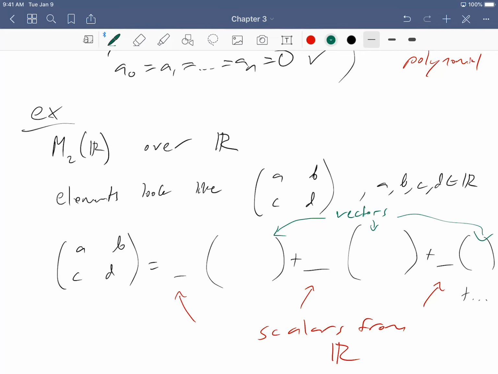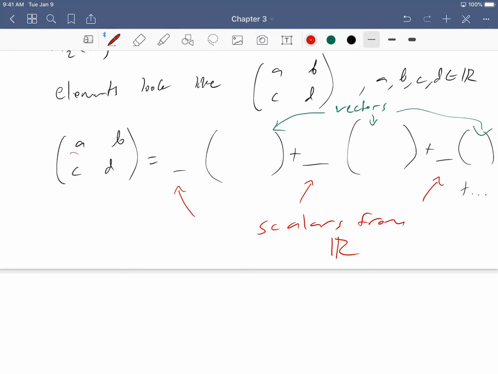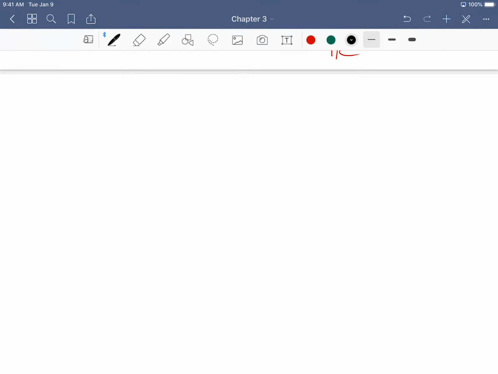That's what we mean by vectors in this situation. And so like we saw before, sometimes this is pretty easy to do. I mean, I have some real numbers to play with, right? My scalars could just be A, B, C, and D, because remember, they're in R, right? So I'm going to try to just use those as my scalars.